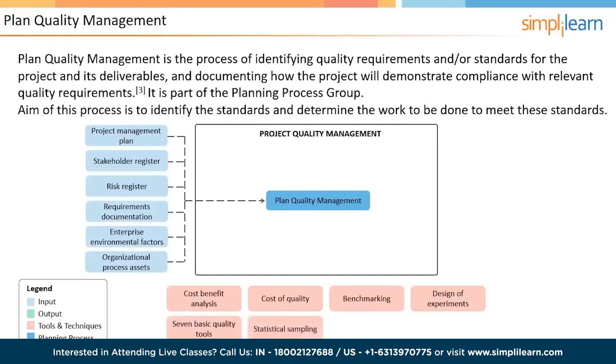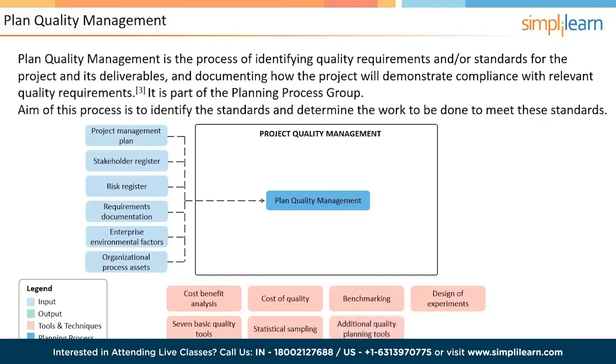Statistical sampling as a tool becomes relevant whenever the quality plan cannot be applied to all the artifacts produced. For example, if destructive testing is a requirement, then it can be carried out only on a sample, not on the entire population. Statistical sampling helps in arriving at a representative sample that can give useful information.